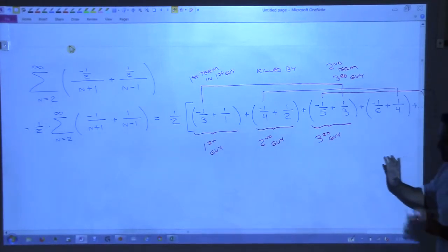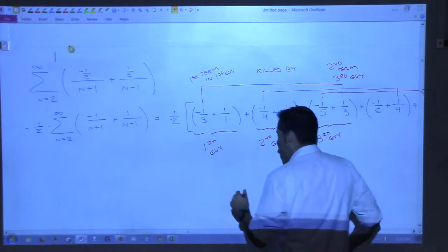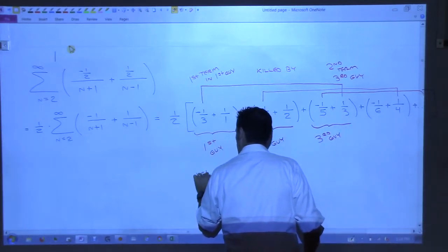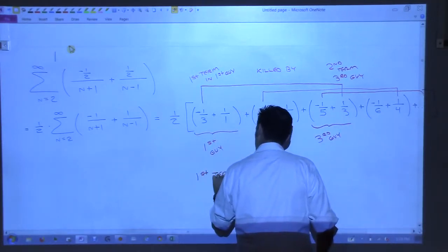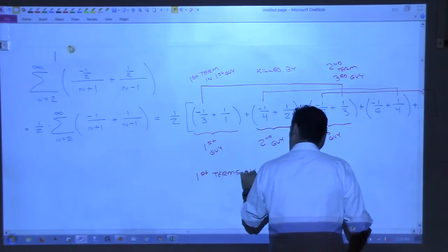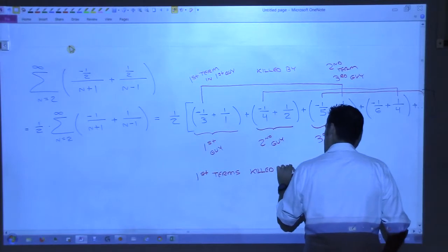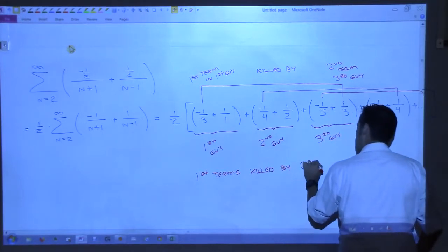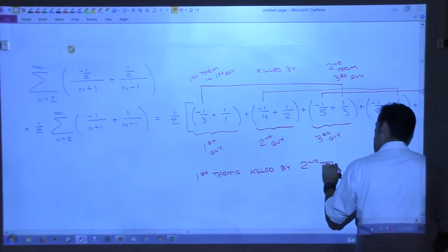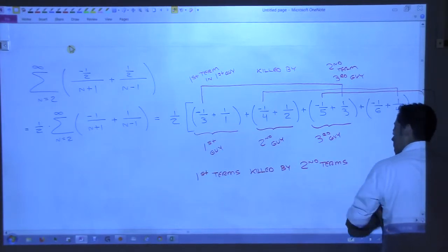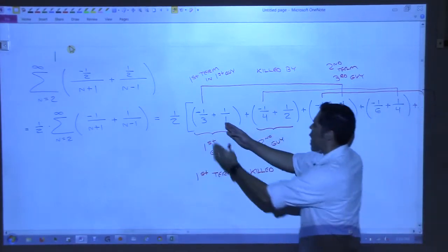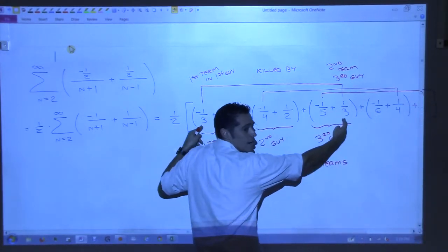Okay? So if I'm trying to summarize this to someone, I would say this. First terms killed by second terms. My first terms are always killed by second terms, right?